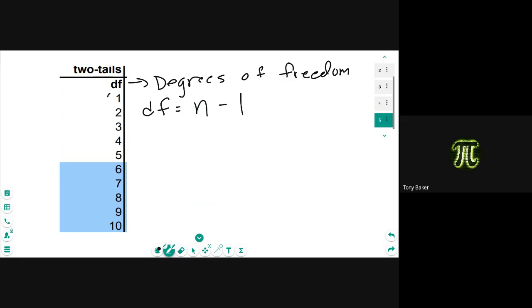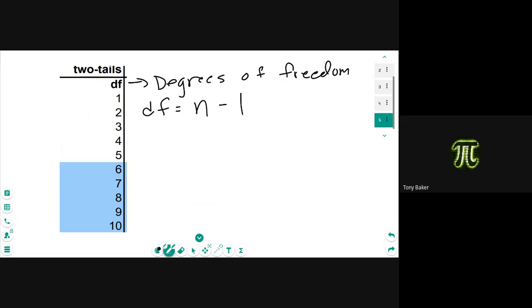All right, and that's what these numbers over here are. If you look down the list, you have every single number up to what number? On the degrees of freedom list, on the side, you have every single number from 1 through 30.